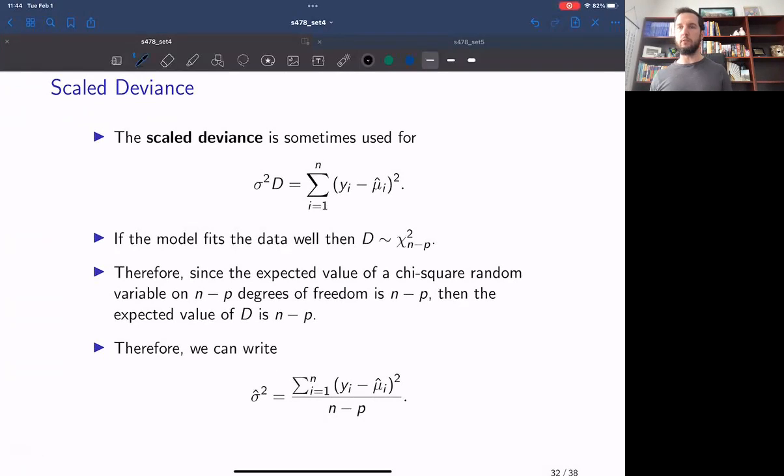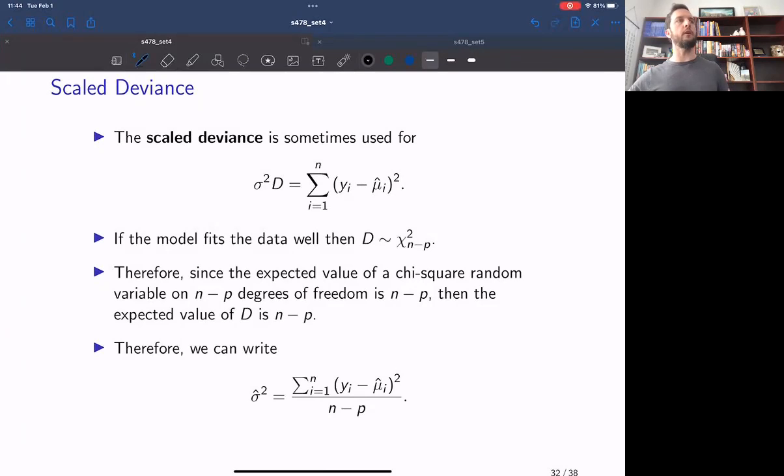So basically, we can also say if D is close to n minus p, this would be an indication that, I believe, the full model is needed. I'm just going to confirm. Yeah.